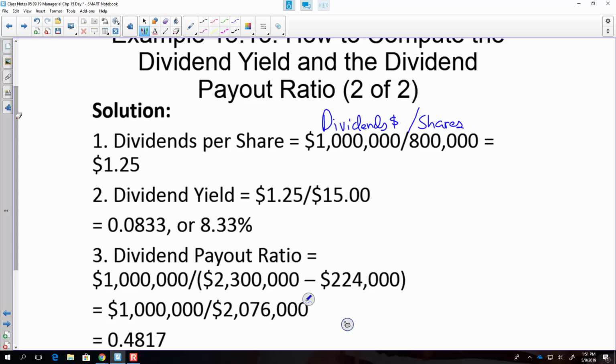The yield then is we're taking our dividends per share, which is 1.25, and we're going to divide it by the market price per share, which in this case is 15.